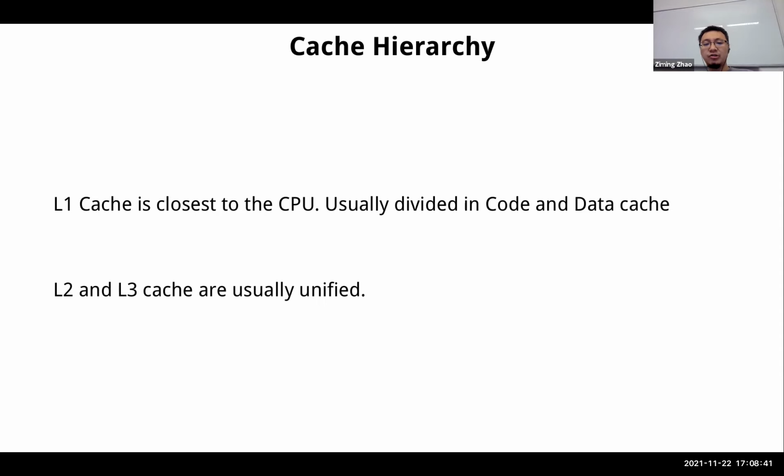Layer 1 cache is closest to the CPU, and in most of the CPUs we use right now, the L1 cache is divided into code cache and data cache. So there is a cache area specifically for code, and a cache area specifically for data. Usually our L2 or L3 cache are unified. Not only unified, sometimes they are also shared between different CPU cores.